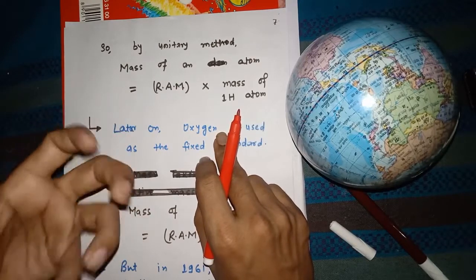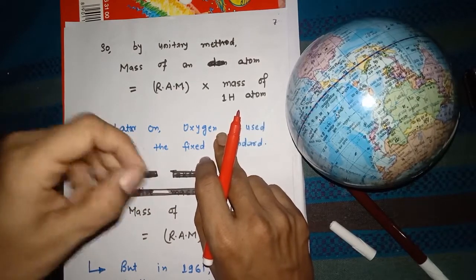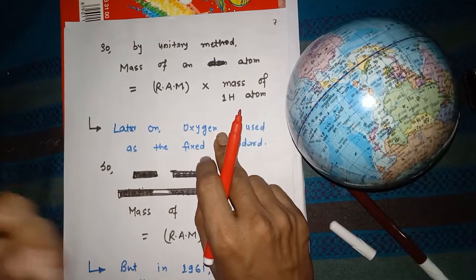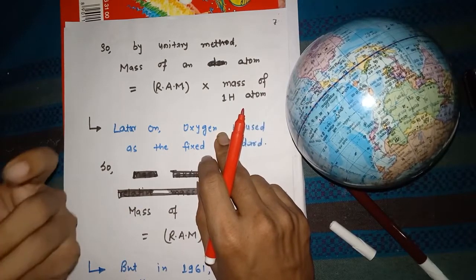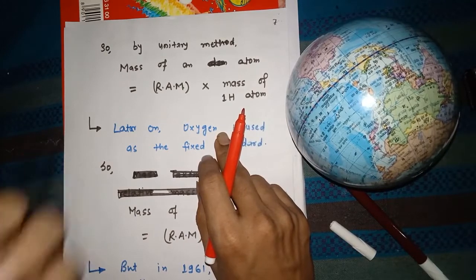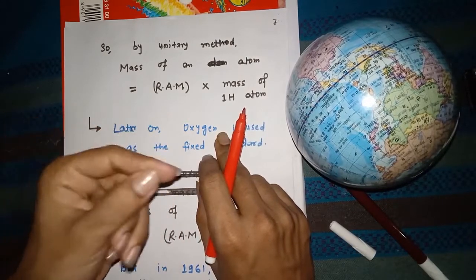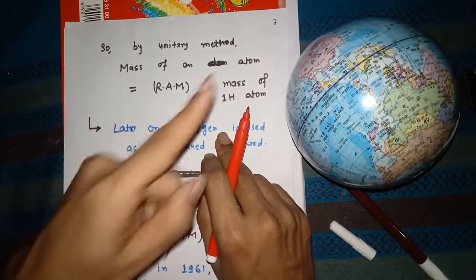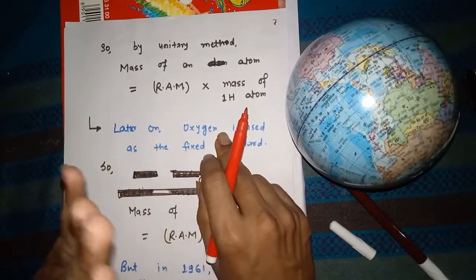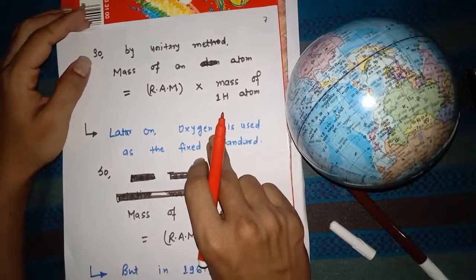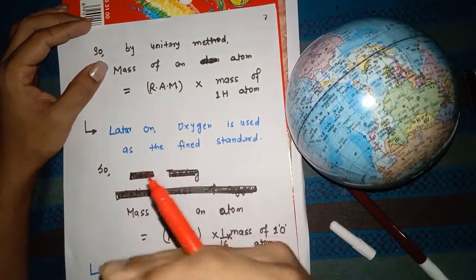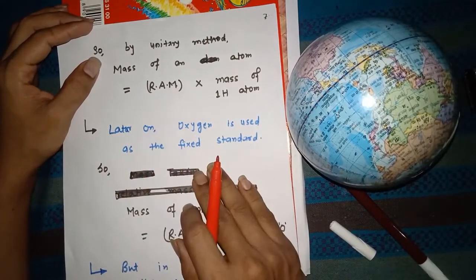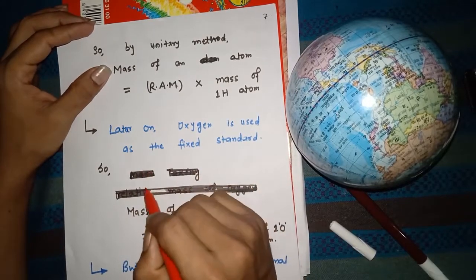We assign a relative mass with respect to hydrogen. Let's say lithium has a relative atomic mass of 3, that means its actual mass is 3 into the actual mass of one hydrogen atom. Have you got my point? In this way we express the masses of all atoms using the RAM concept.